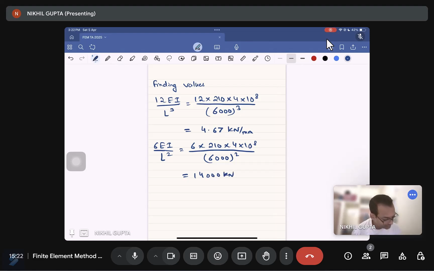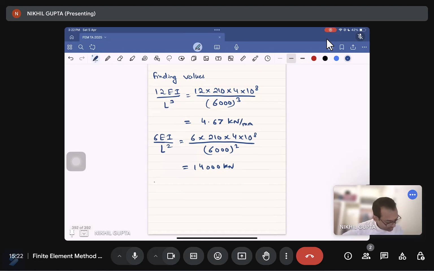Now one more we have to solve is 4 EI by L, which is 4 into 210 into 4 into 10 power 8 divided by 6000, and you will get 56 into 10 power 6 kilonewton mm.